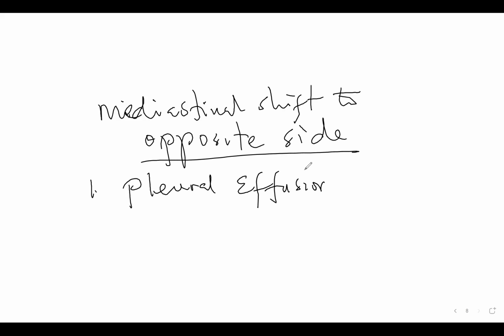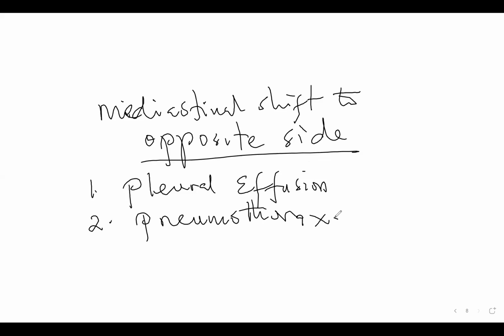If you have pleural effusion on the right, the mediastinum shifts to the left. And this is from moderate to large pleural effusion, because if it's small, it will not shift. Now, pneumothorax. When you have air, it shifts the mediastinum to the opposite side.